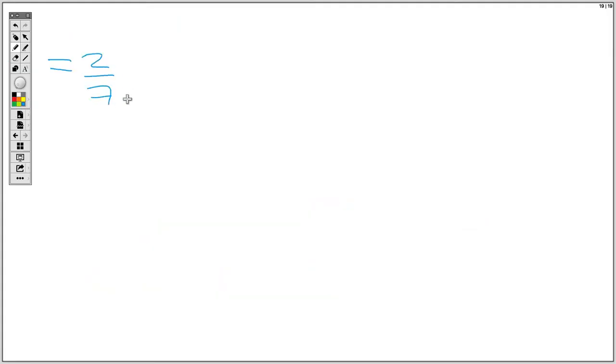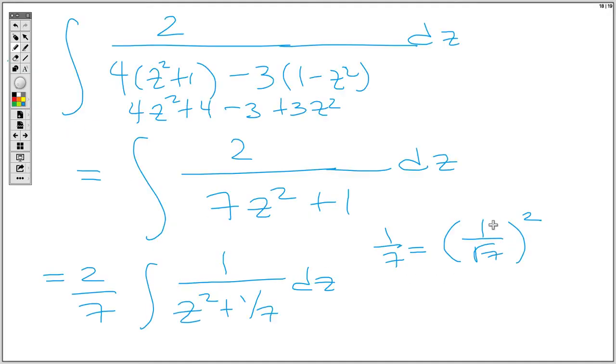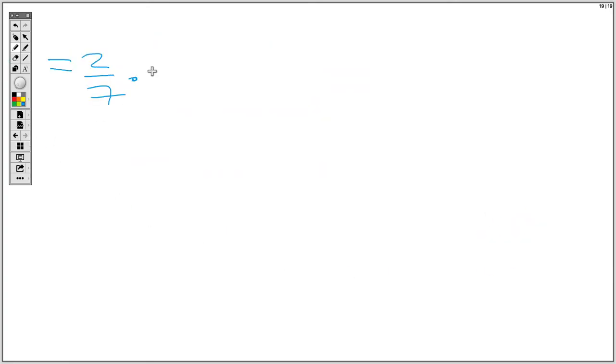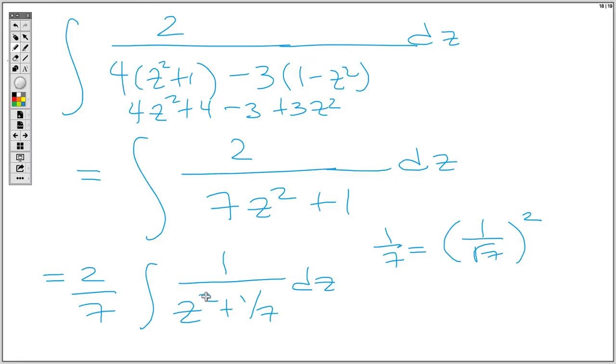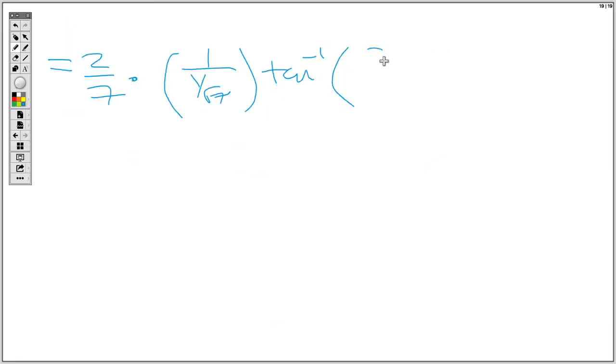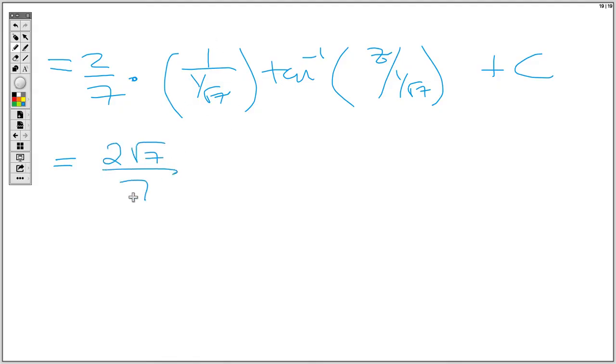So this is going to be 2/7 times 1 over root 7 times the inverse tangent of z over 1 over root 7 plus c. And remember that, doing the fraction gymnastics, we're just going to have 2 root 7 on the top. Inverse tangent of z times root 7.